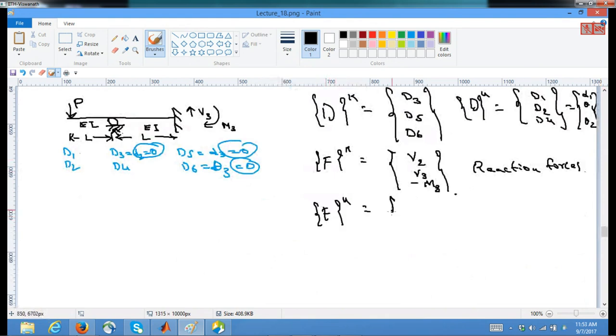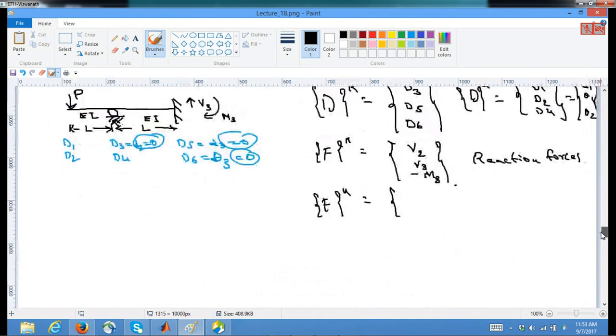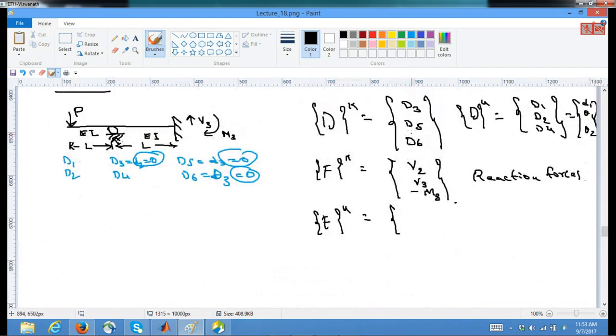Fu is nothing but directly what we get from this, which is D1. If we remove these, which are at the places of D3, D5, these are with respect to F3, F5, F6. So if you remove them, we will have F1, F2 and minus P, 0, 0 in this case.